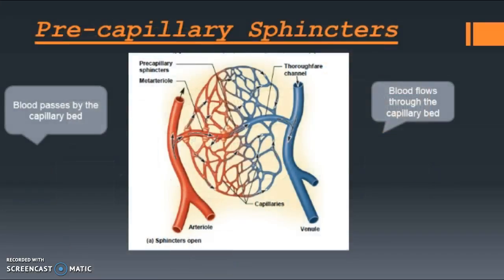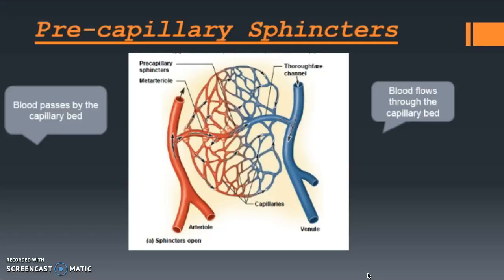Then we can talk about the precapillary sphincters. A precapillary sphincter is a sphincter of smooth muscle tissue which is located at the arterial end of a capillary and serves to control the flow of the blood to the tissues. As the blood flows through the human body, it moves through the branching system of the arteries to the capillaries, where it delivers the oxygen and the nutrients while picking up the waste.